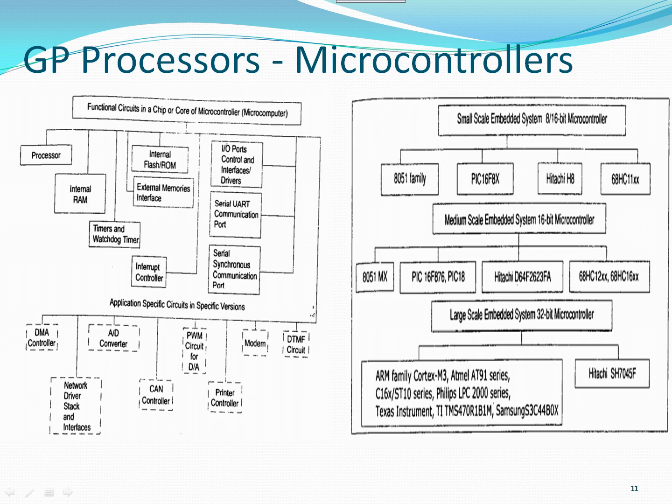So we can segregate the microcontrollers into three main microcontroller families: small scale, medium scale and the large scale embedded system microcontrollers. The small scale embedded systems consist of 8 to 16-bit microcontrollers.